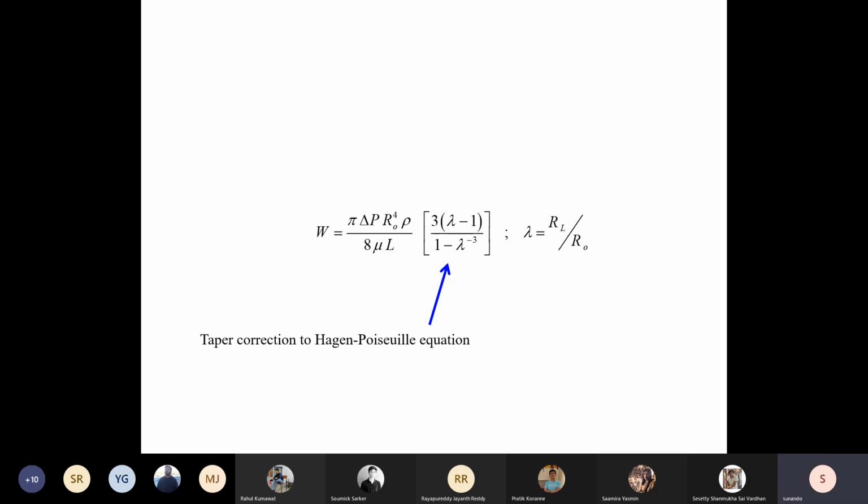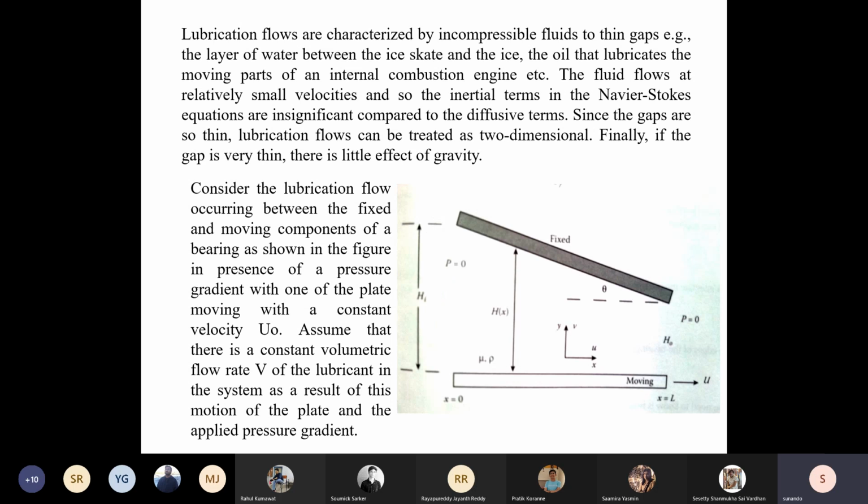Okay, so I leave this and then I come to a slightly different problem. It's slightly more complicated by the presence of motion of the bottom plate. So this is some sort of a belt which is moving, and the top plate, as you could see, is not parallel to the bottom plate; it subtends an angle theta with the horizontal.